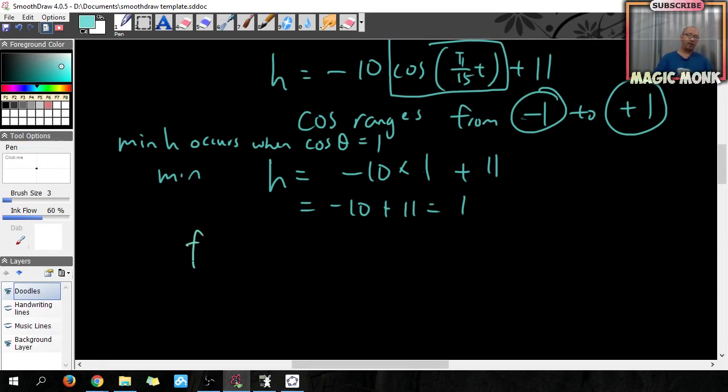So find height of chair at t equals 10. So do we need to go through that, Annabelle?